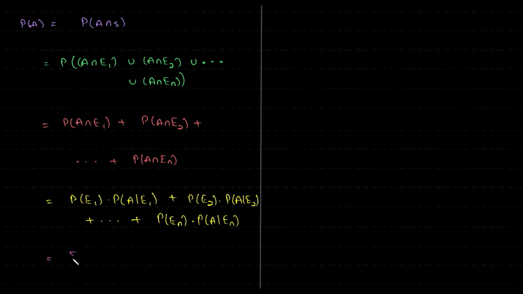And so in general, it is probability of Ei into probability of A given Ei has occurred, where i will run from 1 to n. Is it not?